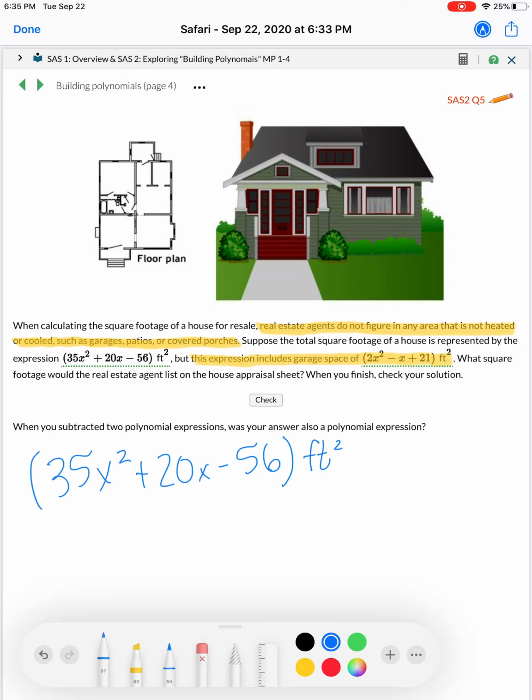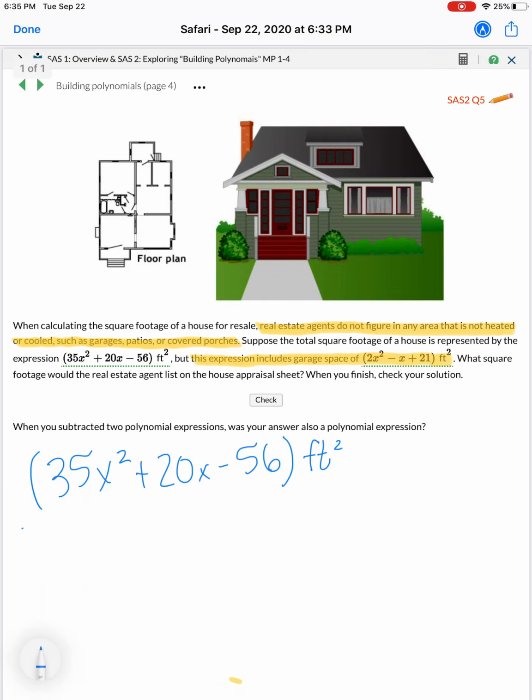The question is, what square footage will the real estate agent list on the house appraisal sheet? So if we know the real estate agent does not want the garage on there, but we know the total has the garage, what should we do with the garage space? Well, we should subtract it.